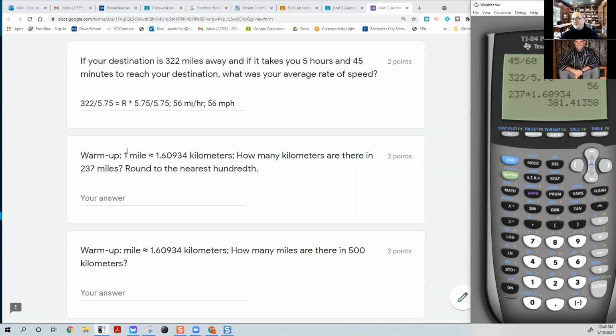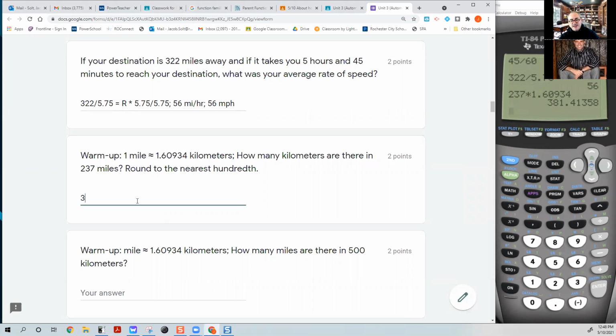All I'm doing is multiplying the miles by 237, which means I need to multiply the other side by 237, which gives me about 381.41 kilometers, km.